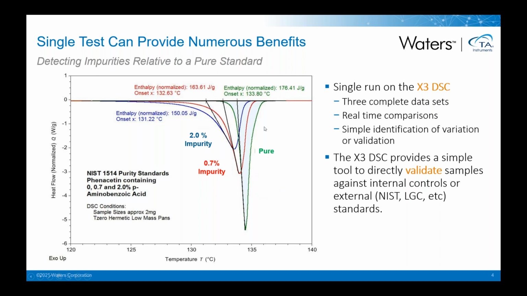Regardless of what our quantitative results show, it's very easy to detect a variation from the pure to the slightly impure 0.7% to the 2% impurity samples. Once we quantify that, it's much easier to see, but with 1 single test you've been able to get at least a qualitative evaluation that there is some significant difference between these 3 samples.